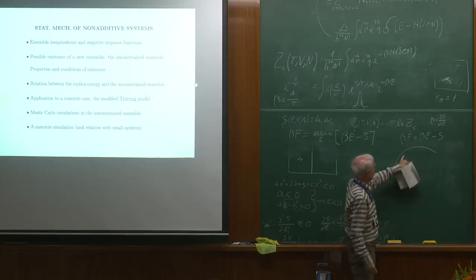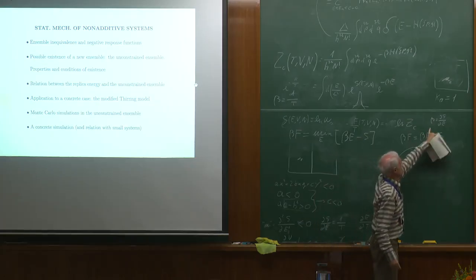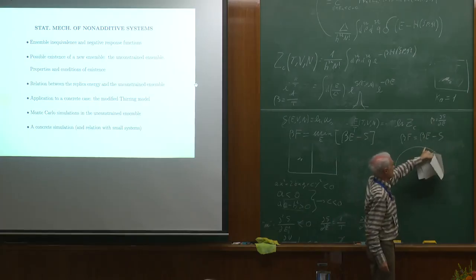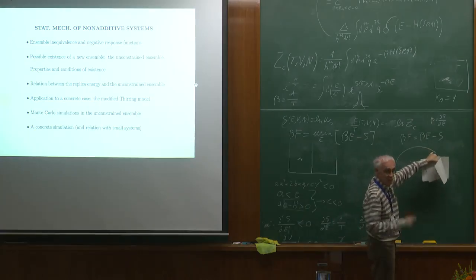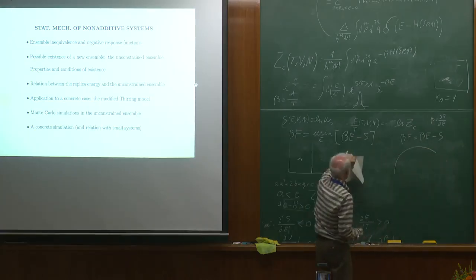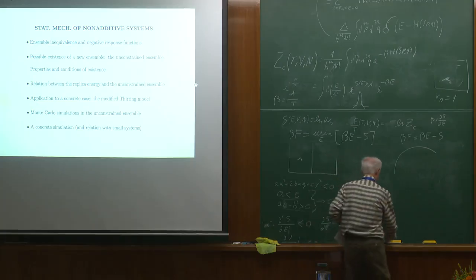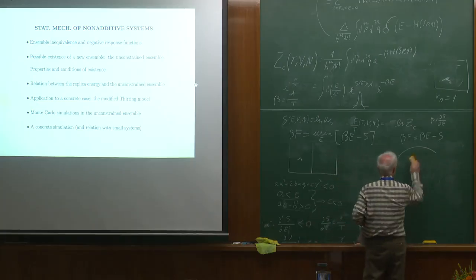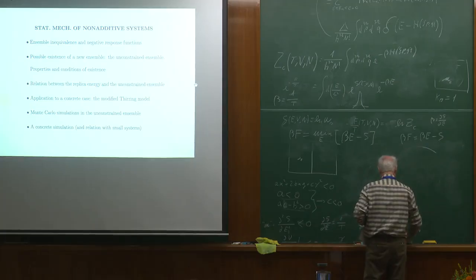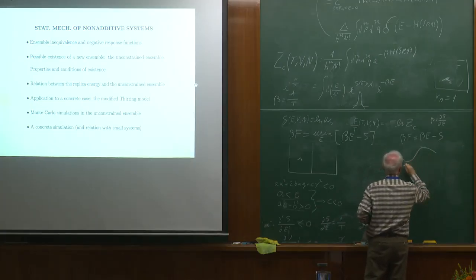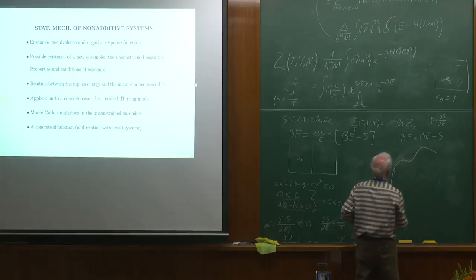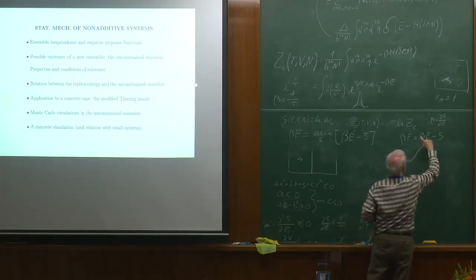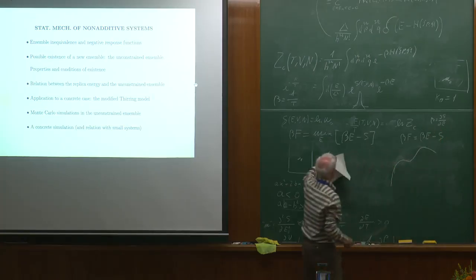So when you have this property, this is uniquely invertible. This is not the case if S is not like that. If this is S, for example, not concave, let's put it always increasing but not concave, this is not uniquely invertible. So you have to define another way.